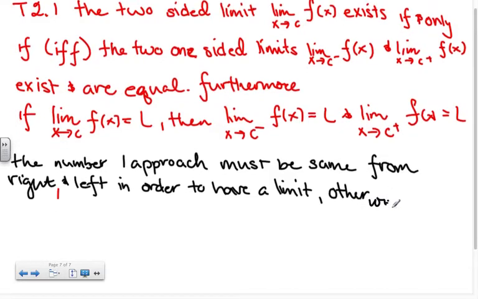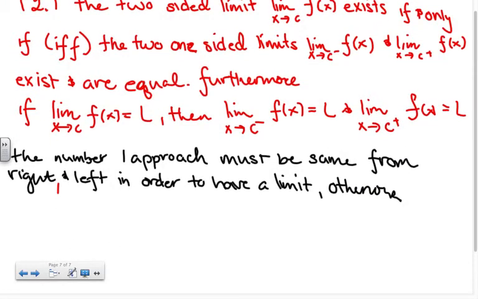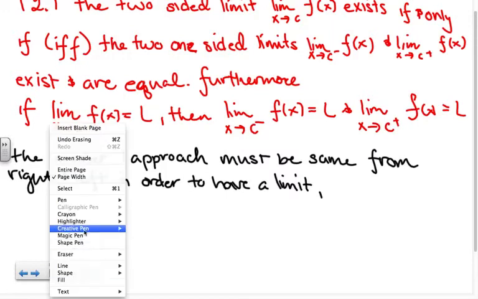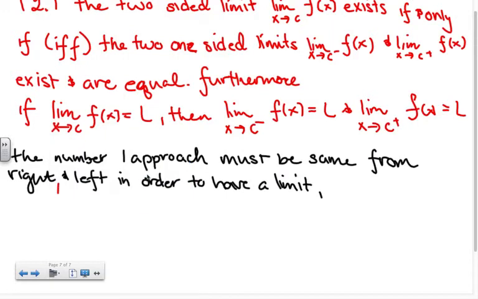Otherwise, the limit does not exist. Okay? So that's actually touching upon objectives 2 and 3. When we talk about one-sided limits, I mean limits from the right and a limit from the left.